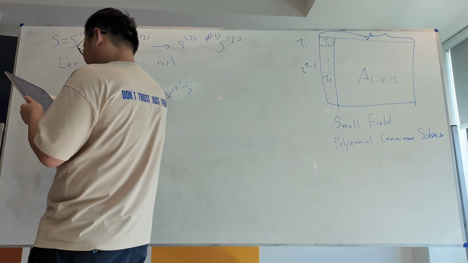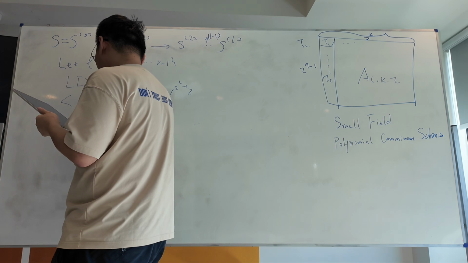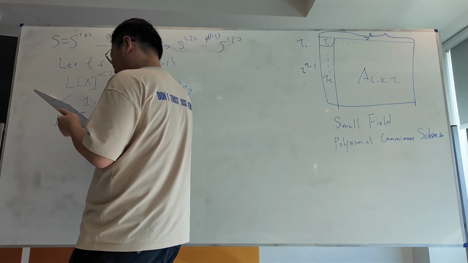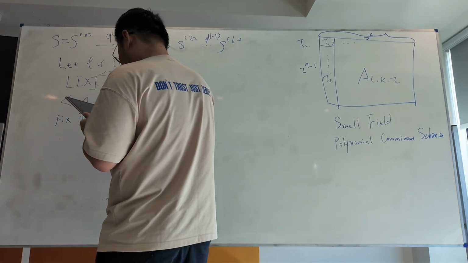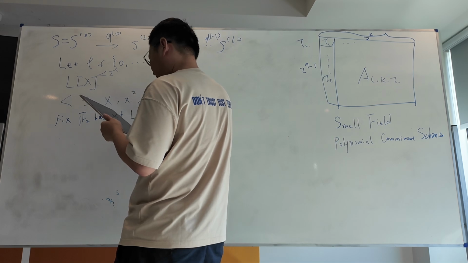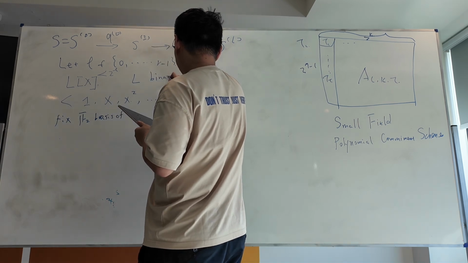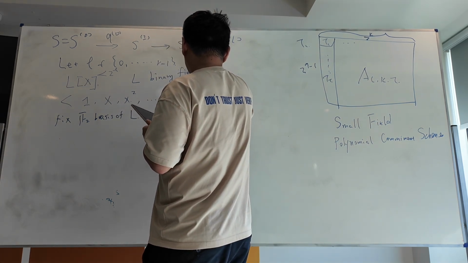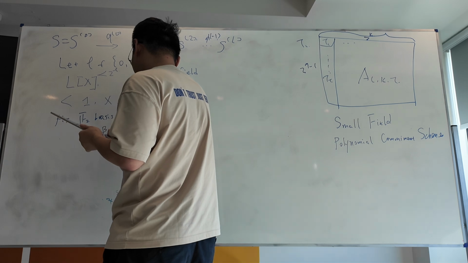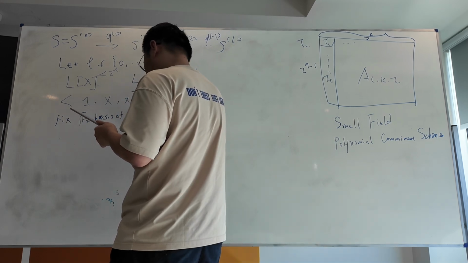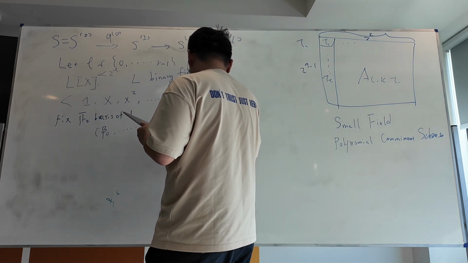So let's fix two bases of L. Here we also need L to be a binary field. So these are the betas.